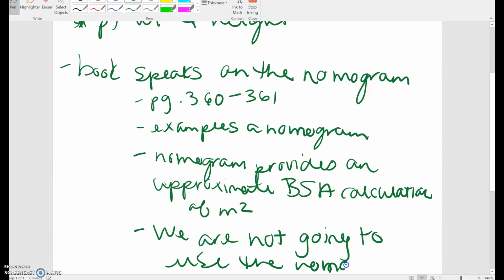What you guys are going to do, if you know me so well by now, is that we're going to use 2 different formulas to determine the body surface area for a patient.